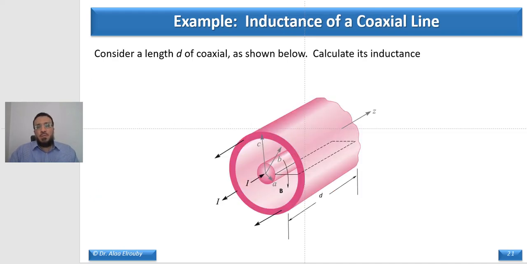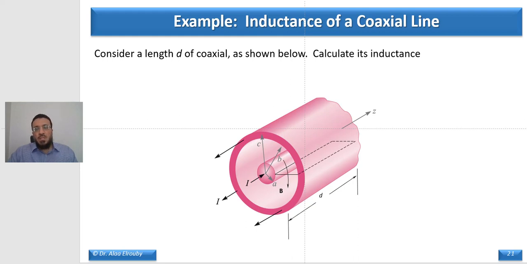Another example here, let us calculate the inductance of a coaxial line. We solved the problem of the coaxial line before, where we have the current in the inner conductor going in one direction, then all this current is returning back on the outer conductor. When we solved this problem before, we had 4 different regions: inside conductor 1, between the two conductors, inside conductor 2, and outside the two conductors.